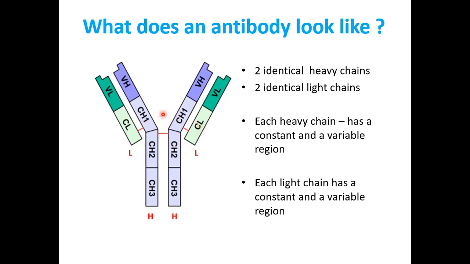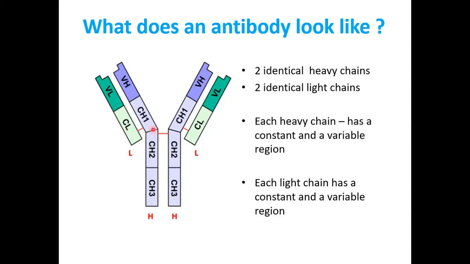The mid region of the antibody has a considerable flexibility, and this region is known as the hinge region. The main advantage which this region provides to an antibody molecule is the ability to adjust to different arrangements of antigens and antigenic epitopes.